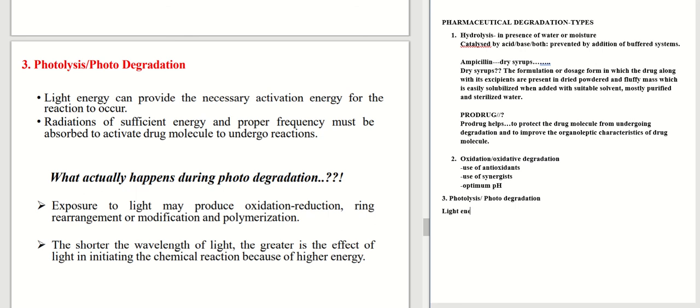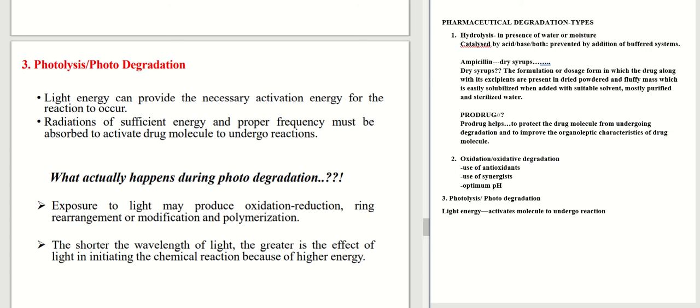Because most of the light energy activates the molecule to undergo reaction. So most of the chemical compounds undergo photolysis, photolytic degradation. So how can we, being pharmacists, protect a molecule from getting degraded by light energy?